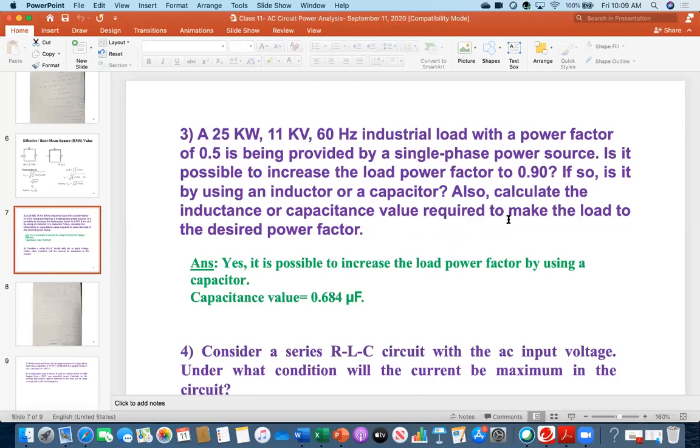This is a pretty standard question, frequently asked in the FE exam. Since you will be taking the FE exam in the upcoming semester, you have to solve this problem. So let's discuss it in the next class. Okay, with that, I'm stopping here.